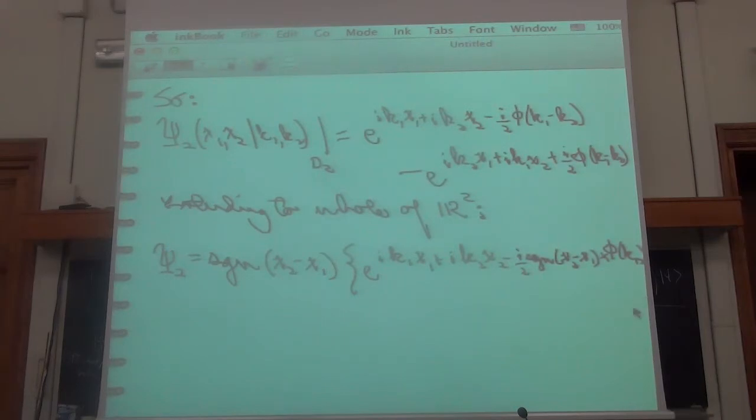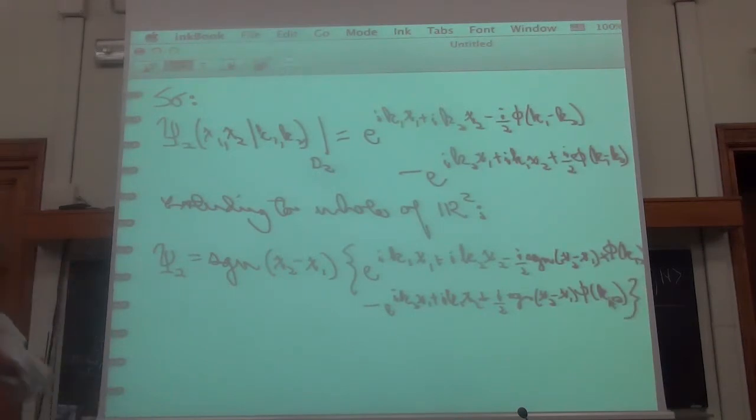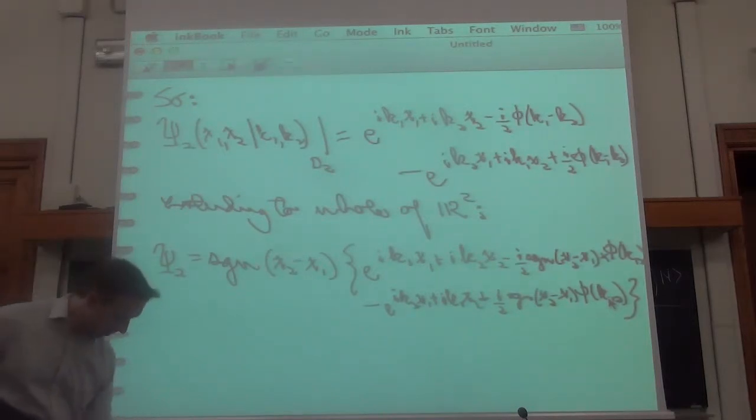So k12 is k1 minus k2. And then, of course, there's the other part where you just have the momentum permuted, i k2 x1 plus i k1 x2. Then plus i over 2 sine of x2 minus x1 phi again of k12. Remember the phi function is antisymmetric, so phi of k21 is just minus phi of k12. Sometimes later I'll flip that.